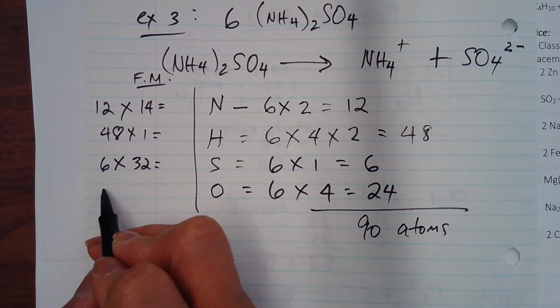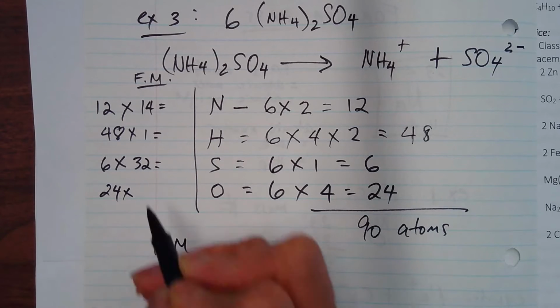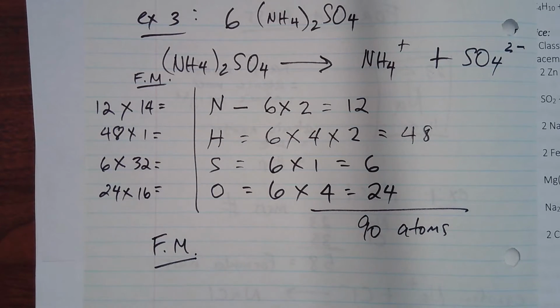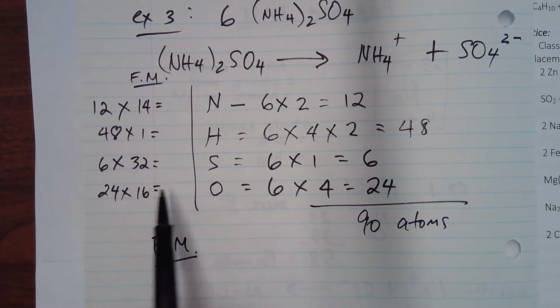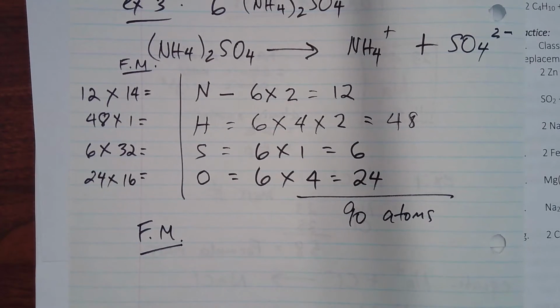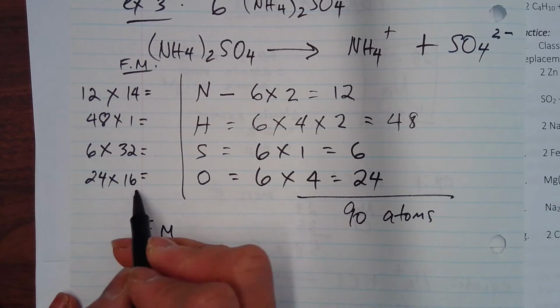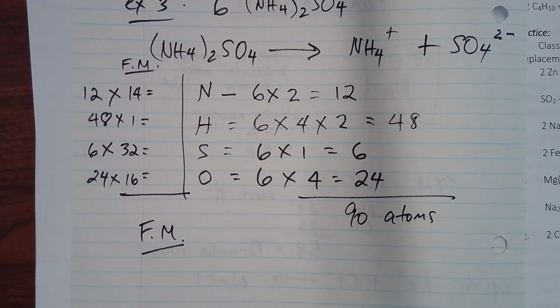And then oxygen is 24 times 16. Okay, I want you to fill out those blanks there, and then you're going to find the total, and that will be the formula mass. So you may use a calculator if you'd like, if you have a calculator handy. Or you can do it manually if you'd like.